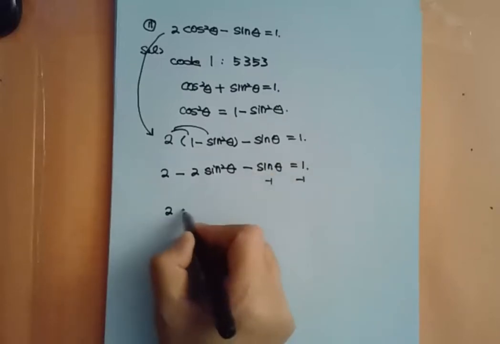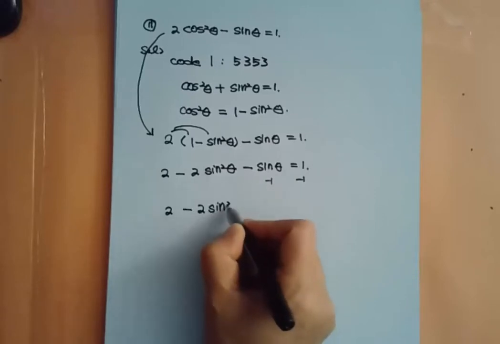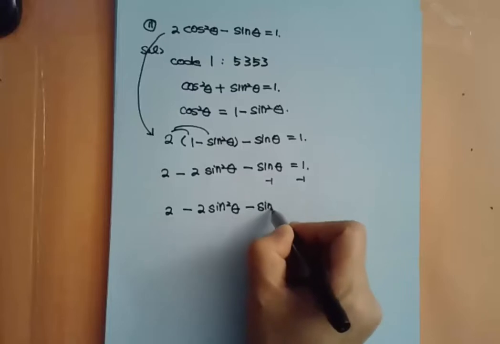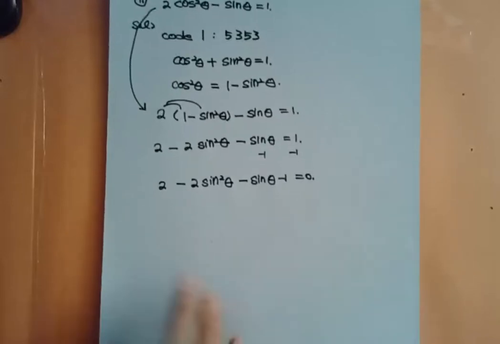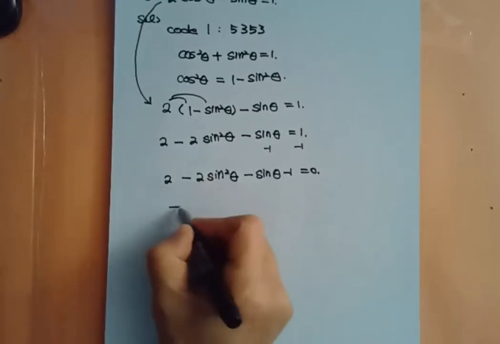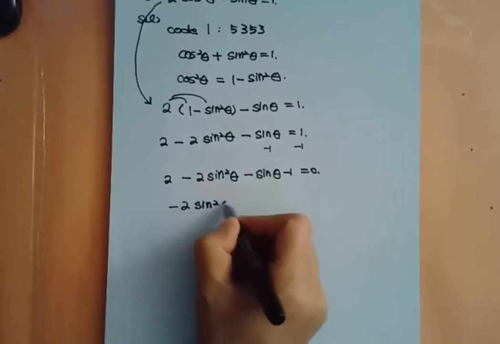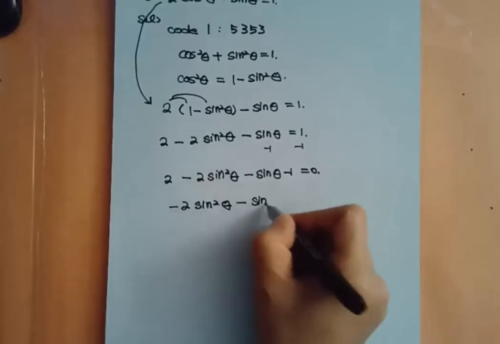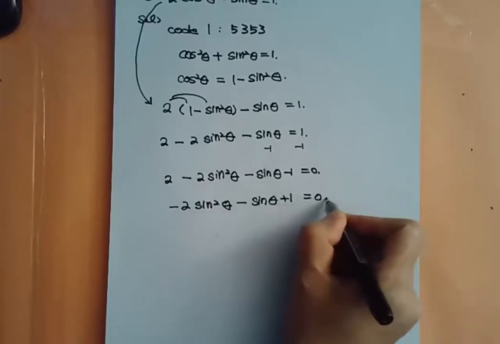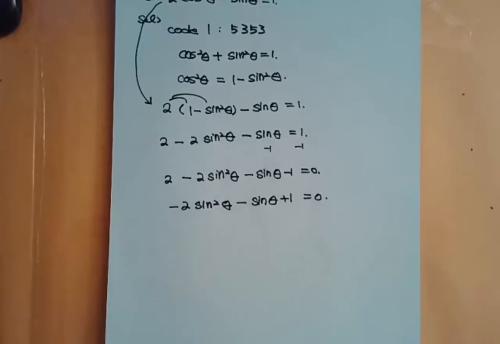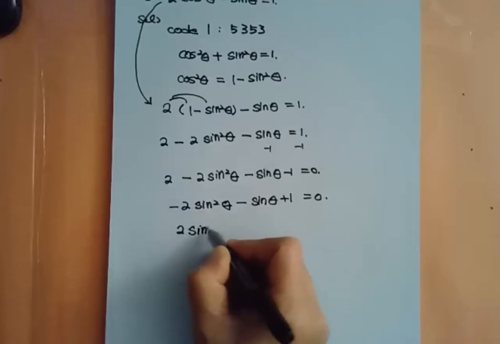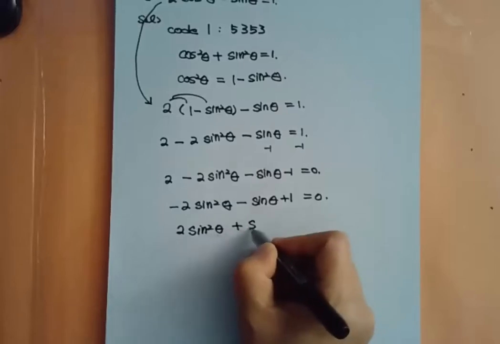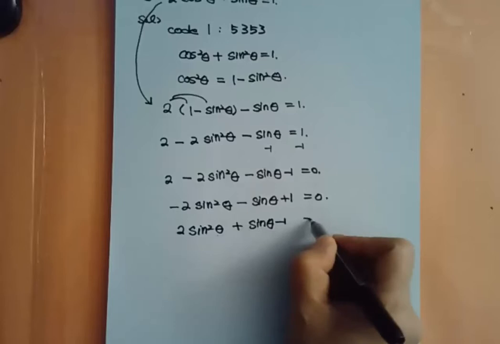Then we have 2 minus 2 sine squared theta minus sine theta minus 1 equals 0. So we have minus 2 sine squared theta minus sine theta plus 1 equals 0. We multiply by minus 1 on both sides. Then we have 2 sine squared theta plus sine theta minus 1 equals 0.